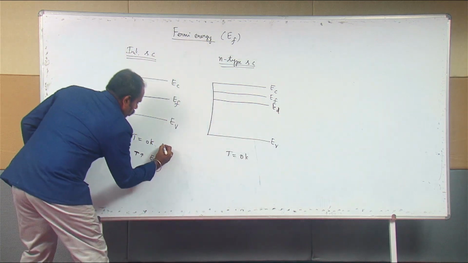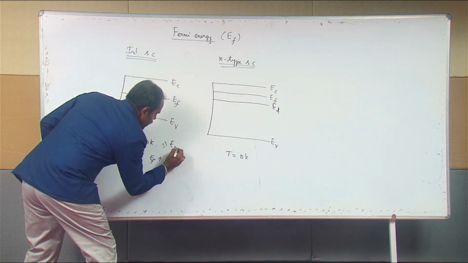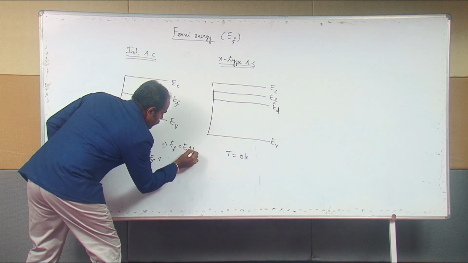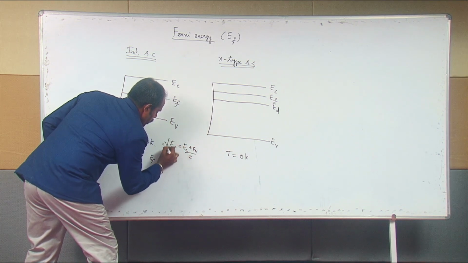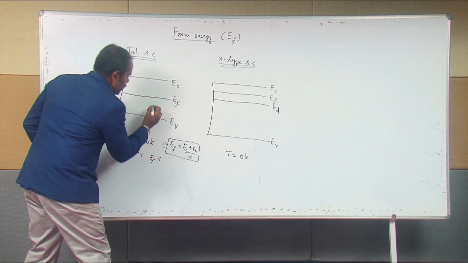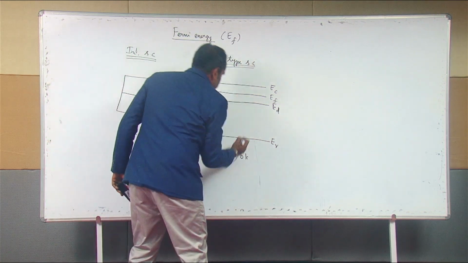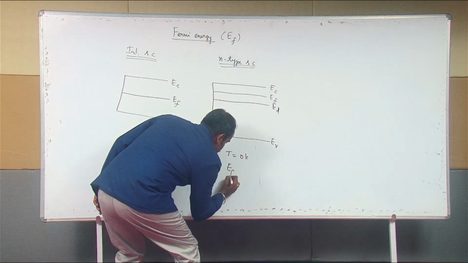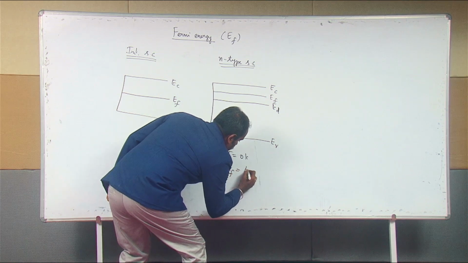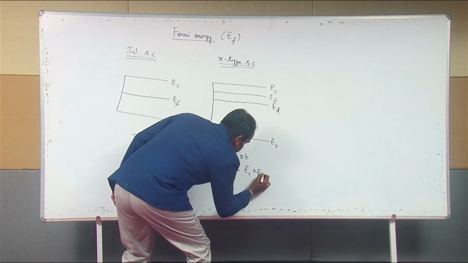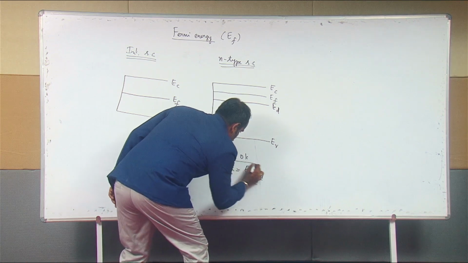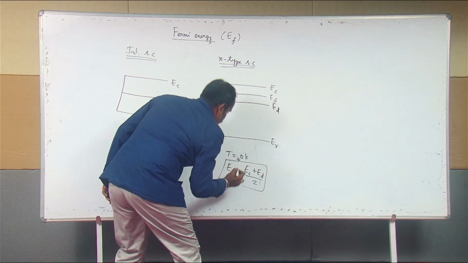Okay. So, what will be the corresponding expression? EF is equal to EC plus EV by 2, which gives the midpoint between the conduction band and valence band for the intrinsic case. And in the case of the n-type semiconductor, EF is equal to EC plus ED by 2 at T equal to 0 Kelvin.